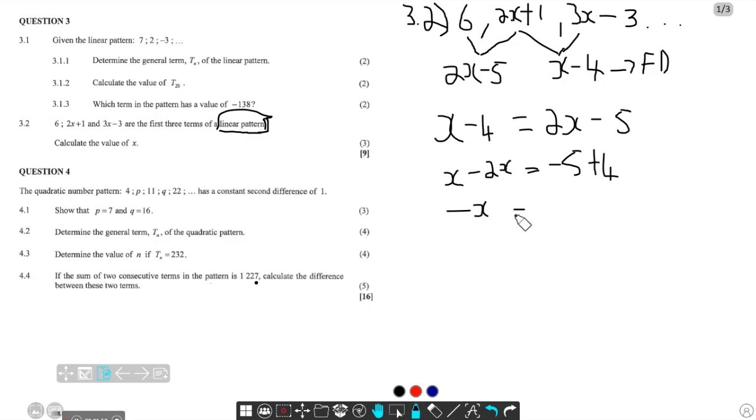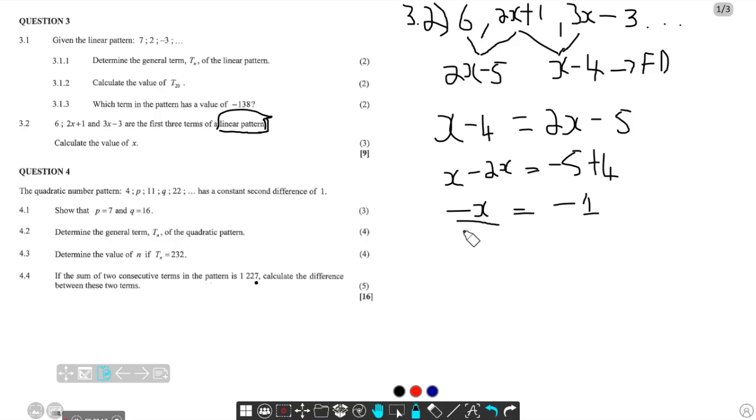Which will be equals to negative 5 plus 4, which is going to give you negative 1.